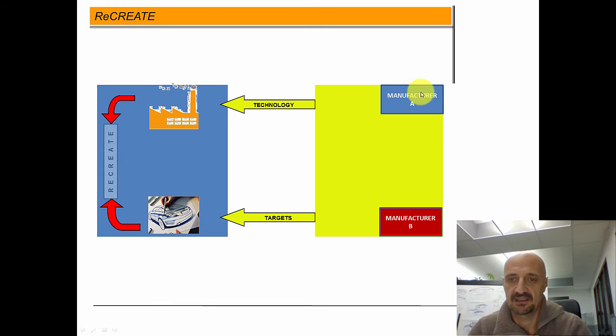It means that in this way, they can design parts or systems of the car, of the automobile, through a collaboration where there is an exchange of technologies and targets between the engineers and the workshop, and between the engineers and the style department. In this way, ReCreate can resume all the technological features and identify the targets of the design.